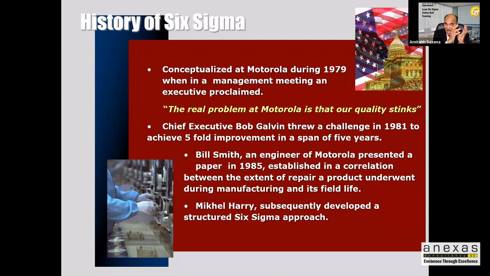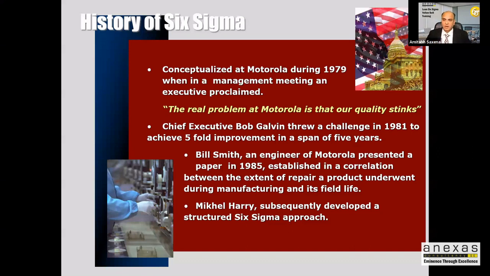I would convert the goal of reducing the infection rate, like say, I'm just taking an example, today our infection rate is 2%. And we would like to reduce this 2% to less than 0.5% by the end of, let's say, February 2022. So a project has a starting point and it has an end point. It doesn't exist after some time. So it's a one-time activity. So that is what Bill Smith and Michael Harry were doing.